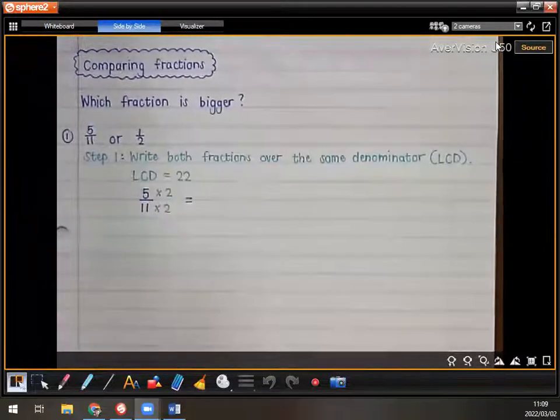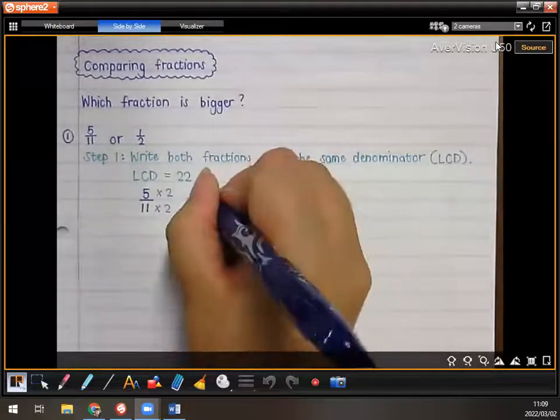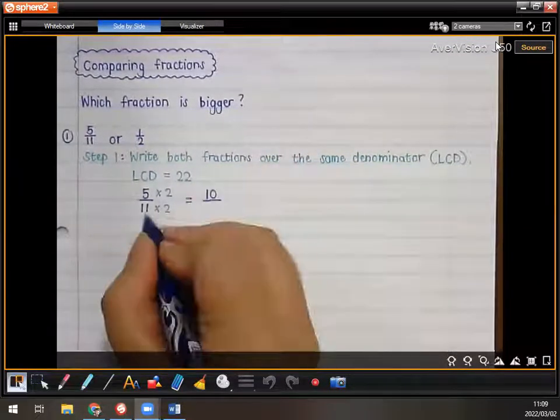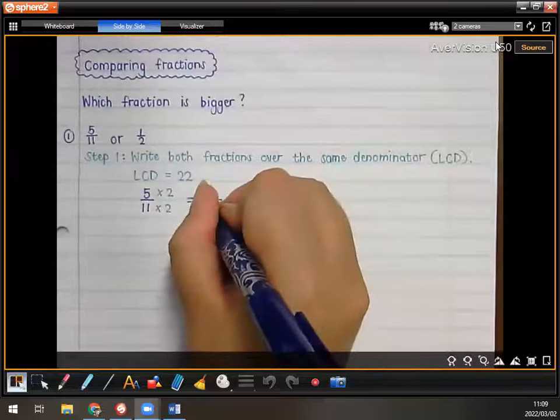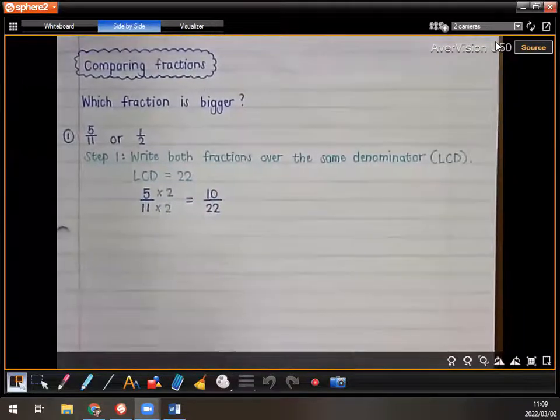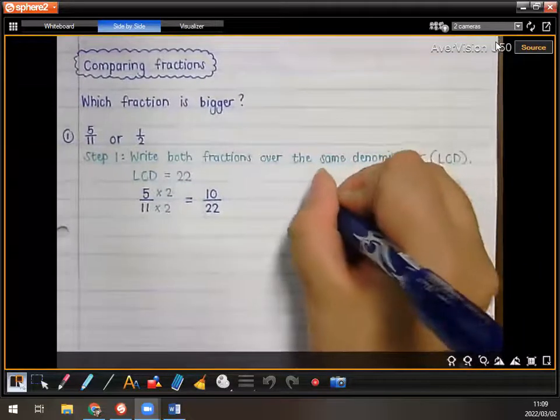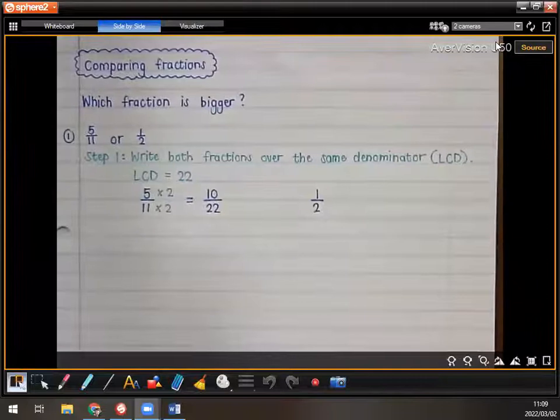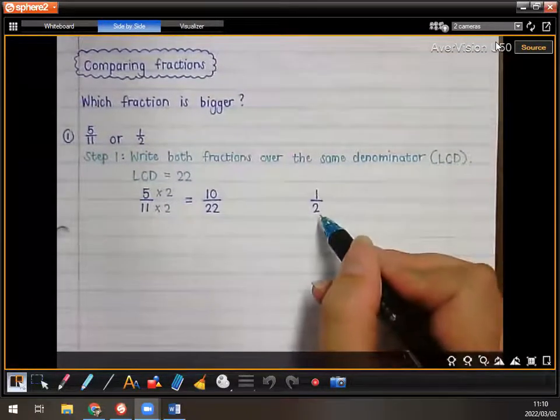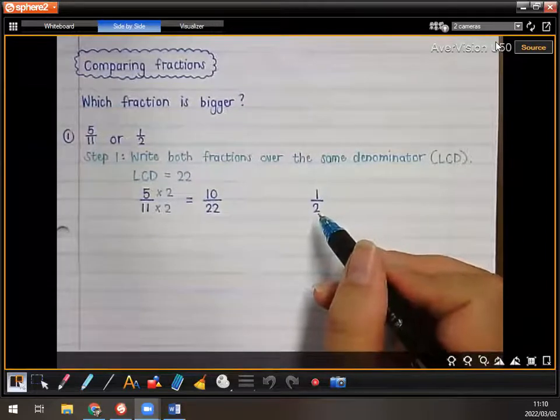Now you're going to work that out, guys. 5 times 2 is 10. And 11 times 2 is 22. That's the one fraction. We need to do it with the other one as well. The other one was 1 over 2. What do I multiply this denominator, this 2, by to turn it into 22?